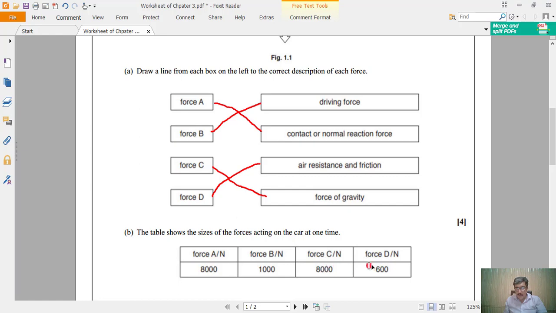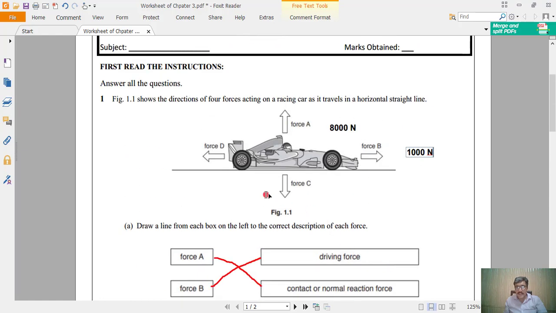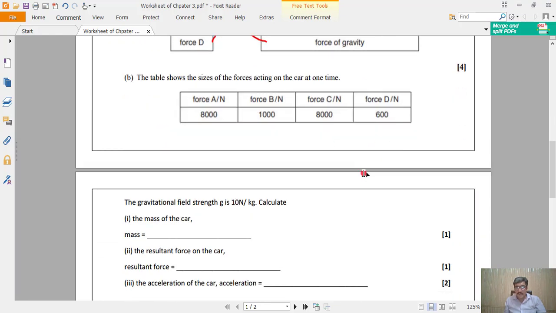Force D is 600 Newton and force C is 8,000 Newton. So we have written the magnitudes or sizes of forces and the directions in which they are acting.